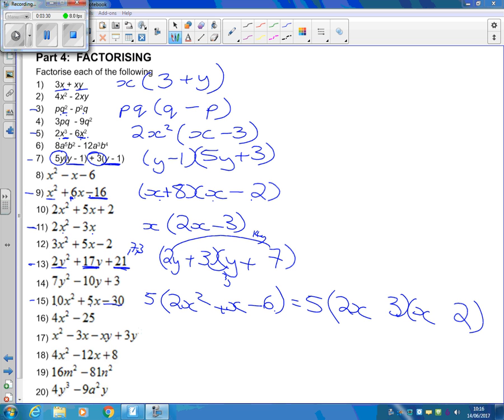It needs to be minus 6, so one of them needs to be positive and one of them needs to be negative. I'm going to put the minus here and the plus there. Why is that? Well, because here I get minus 4x's, and here I get 3x's, so that would give me a minus x altogether. Oh, so that's wrong. Well, what we need to do then is switch the signs round.